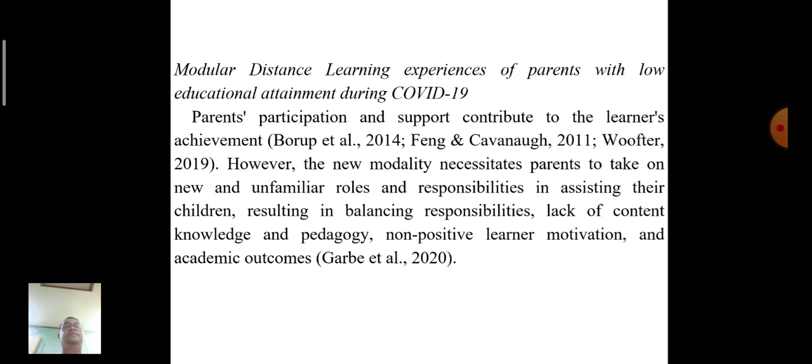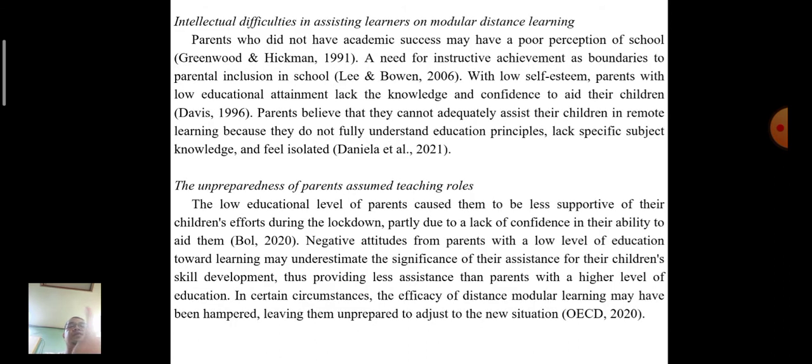Okay, how do we determine major concepts or major literature? You italicize them. These are found in your research objectives or statements of the problem. So you have the modular distance learning experiences of parents with low educational attainment during COVID-19. You also have the italicized intellectual difficulties in assisting learners on modular distance learning and the discussion under it.